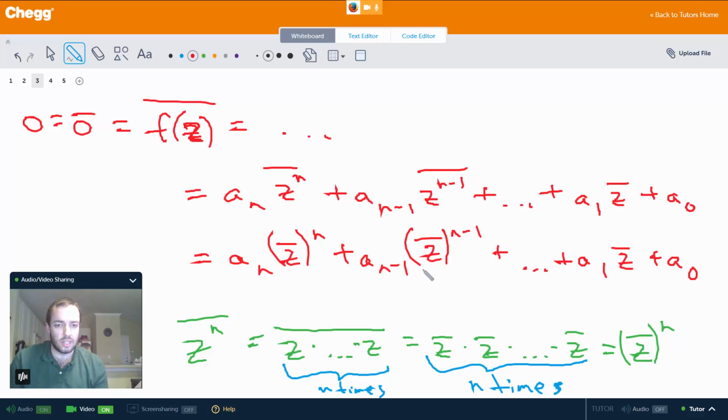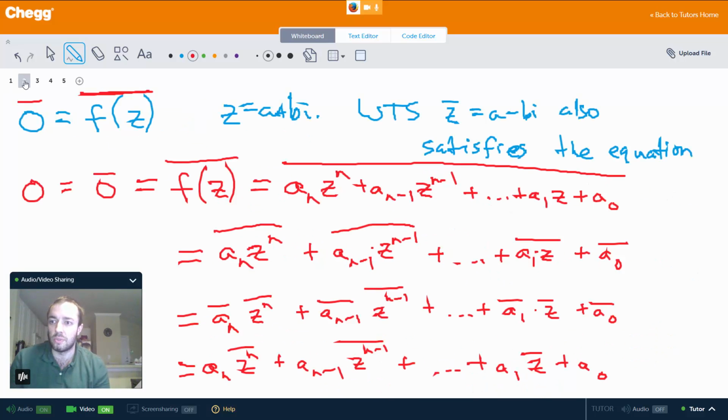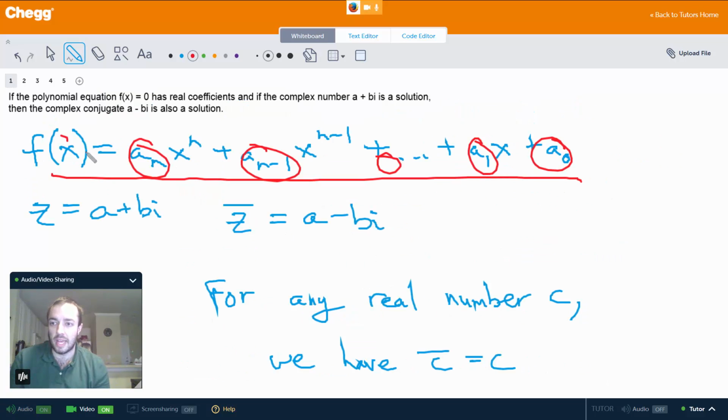So what is this? If we wrote out some more terms, it might be a little more clear, but from here what we can see is, if we go back to our original polynomial, where in general we have f of x is a sub n x to the n.